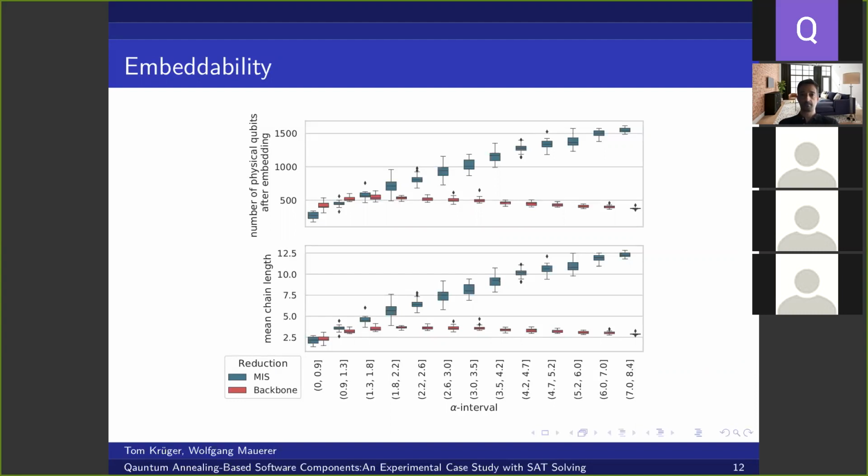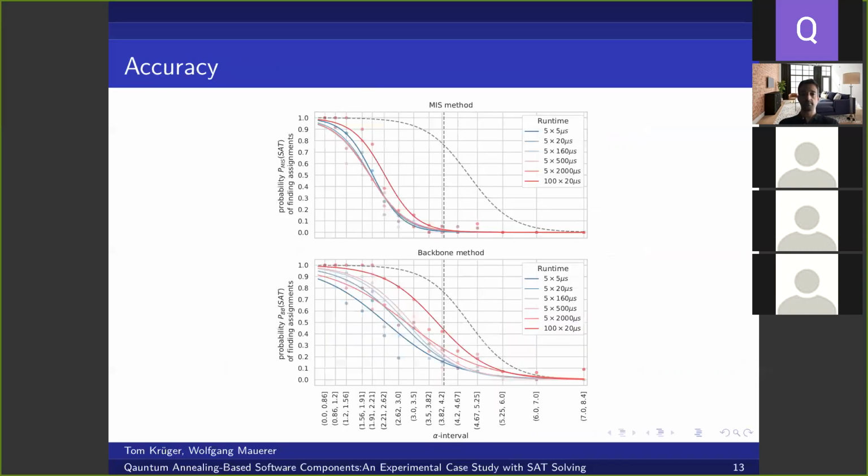So then let's have a look at the accuracy of both of our methods. Here we have the probability of finding a satisfying assignment for our SAT instances with respect to the hardness or the clause variable ratio, and the dashed curve would be the optimal curve.